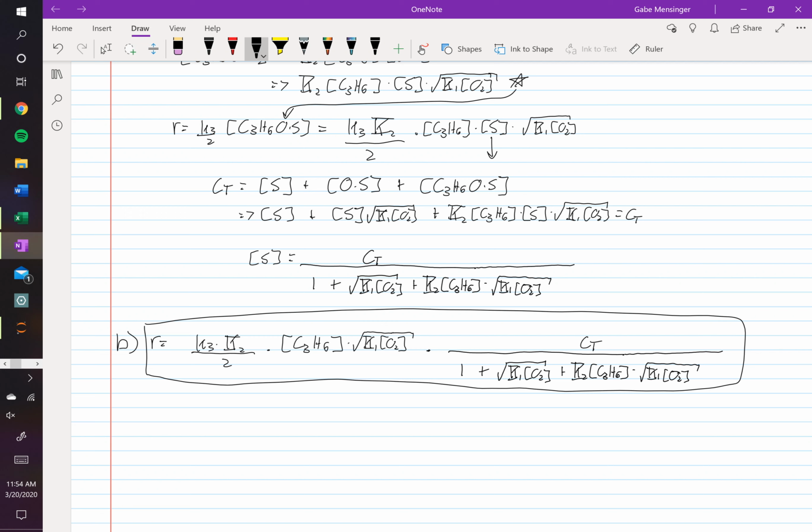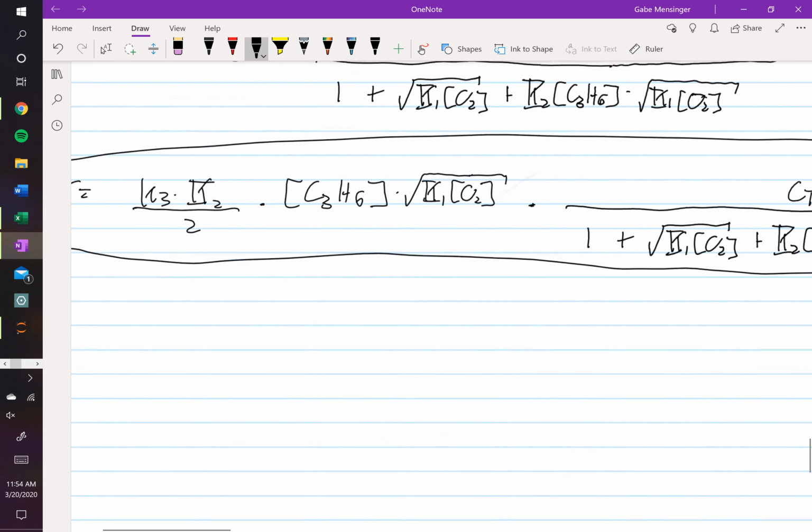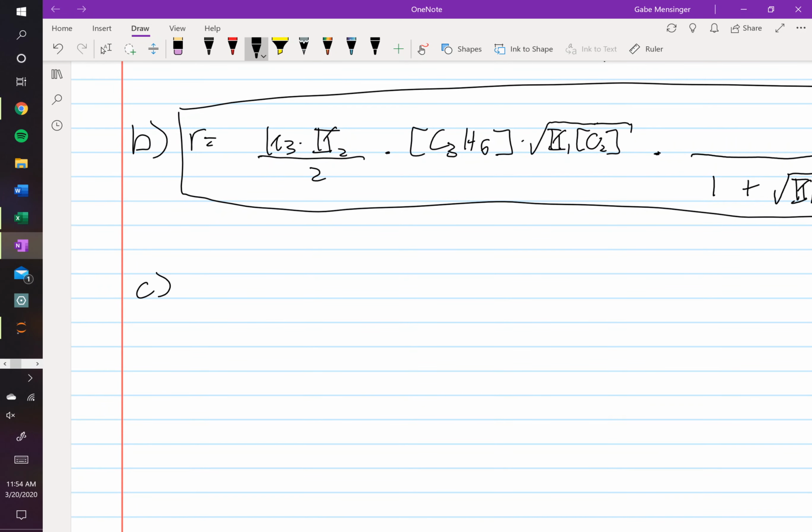All right, part C. Write the apparent rate constant K and the apparent activation energy E apparent for the mechanism in part B if OS is massy.